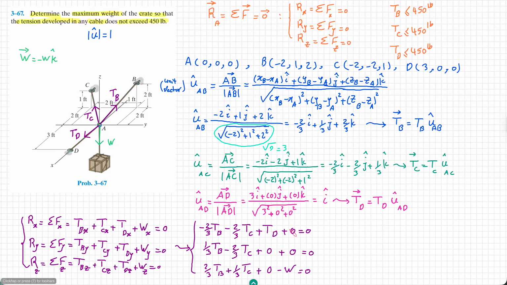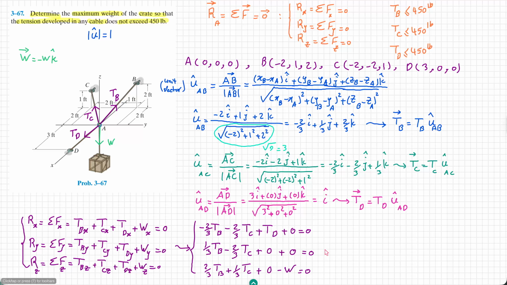So we have this system of equations, and in this system we consider W as known and TB, TC, TD as unknown. Our next step is to solve this system of 3 equations and 3 unknowns.